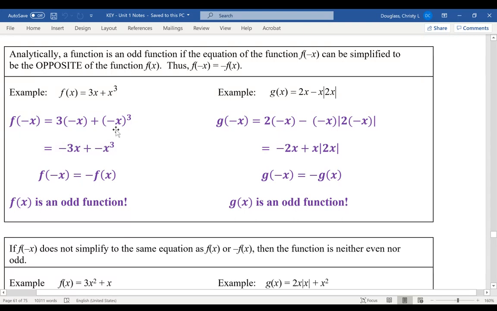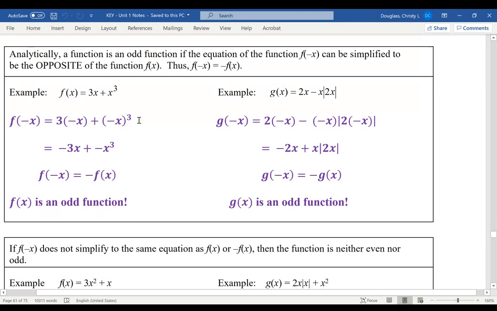When you take a negative x to an odd power, like 3, that means negative x times negative x times negative x. While two of those negative signs can cancel each other out, when you have an odd exponent, you're always going to have one extra negative that doesn't get canceled out.